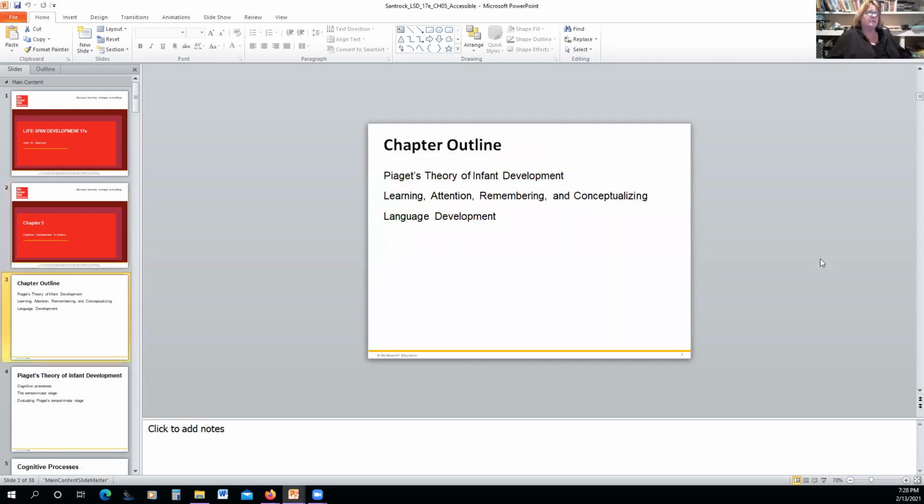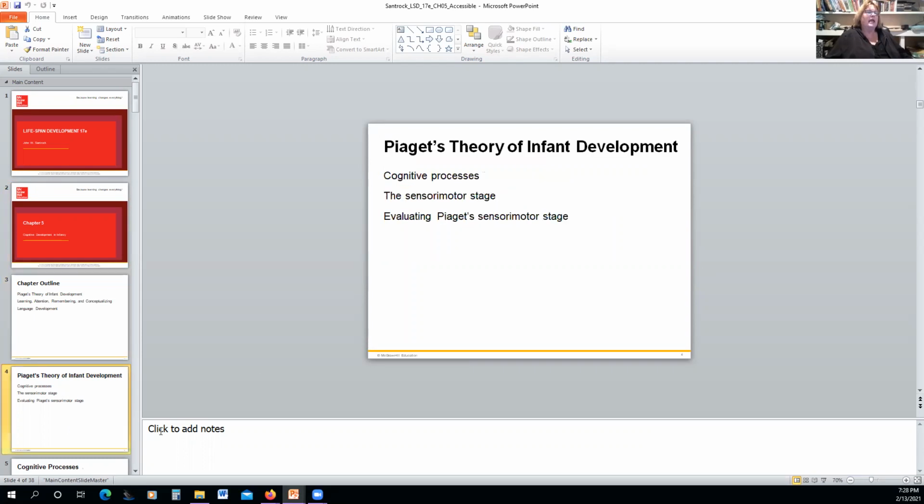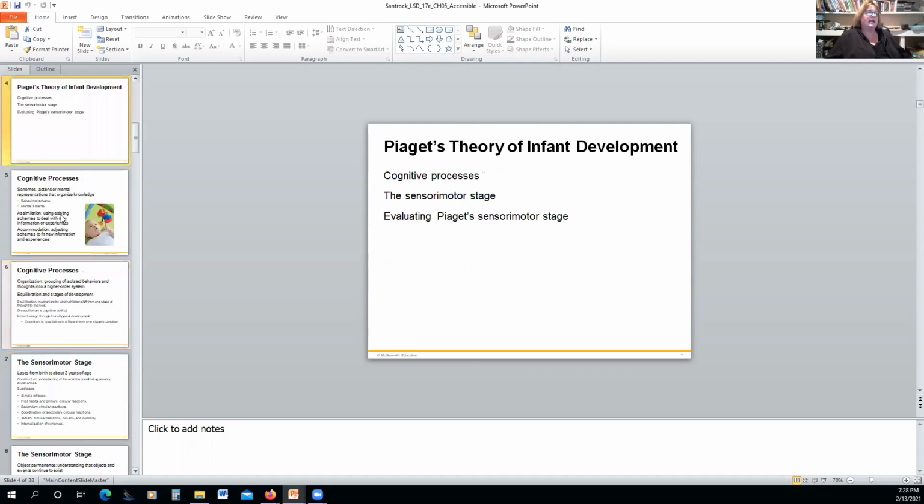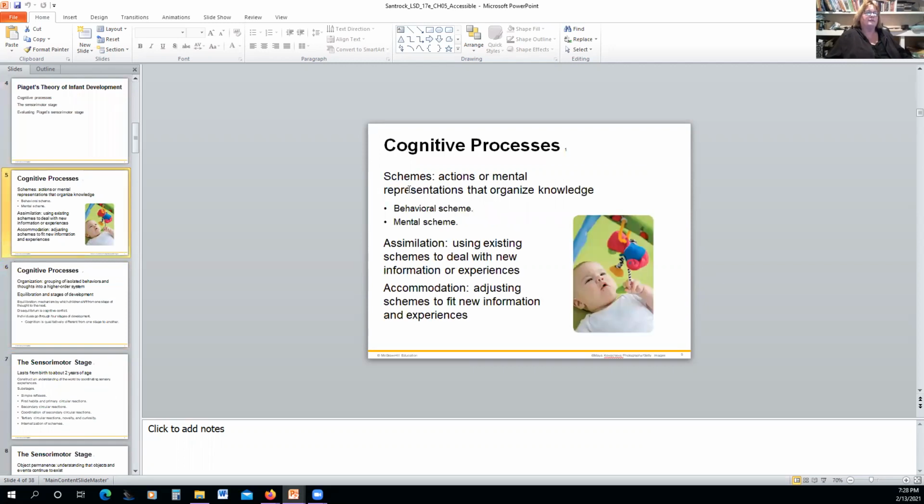This chapter is all about Piaget, and it's about infant learning and infant development. It looks at the cognitive process, and you're going to be looking at Piaget's sensorimotor stage. It looks at ideas, first of all, of schemes and assimilation and accommodation, and how babies organize information.